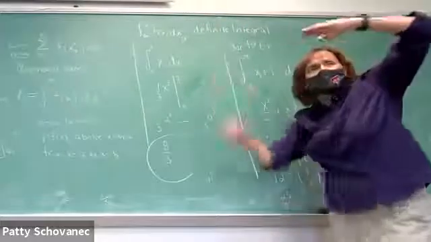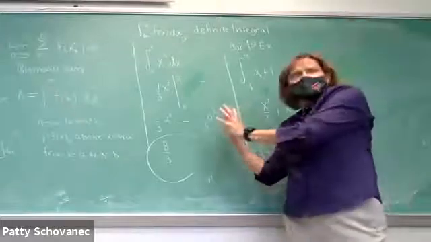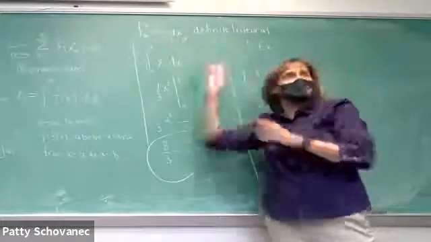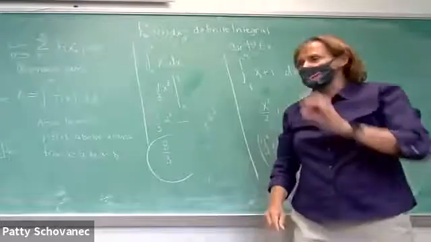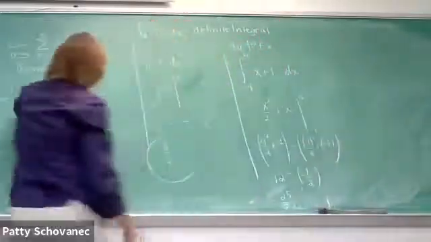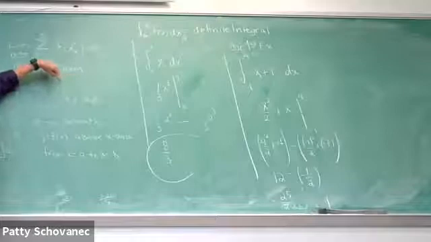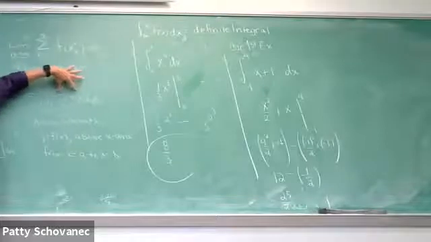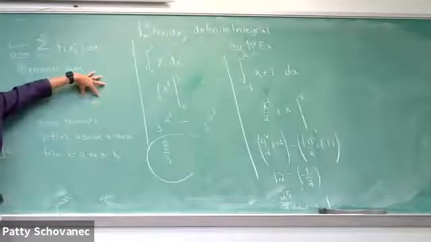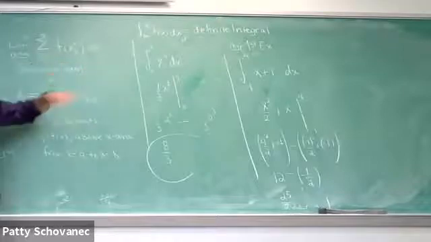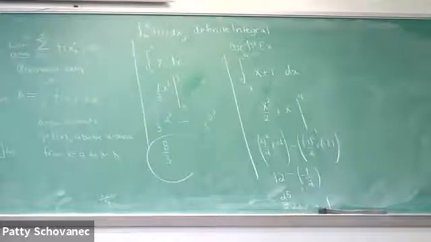And if f is a positive curve, then this can be interpreted as the area underneath the curve. And that's where the funny integral sign comes from. The dx comes from the fact that we've got height times width of each rectangle. Height times width.